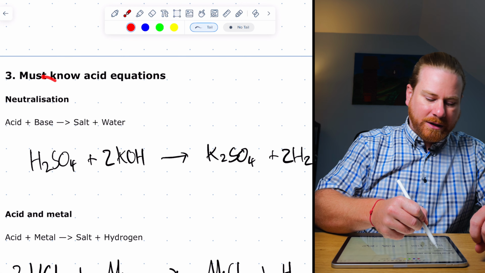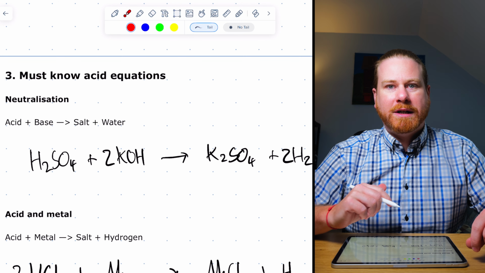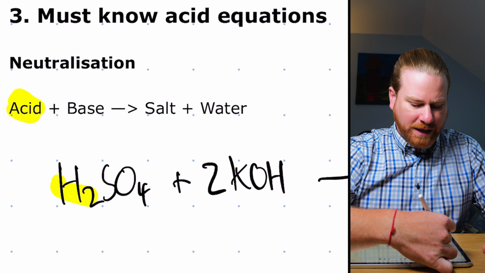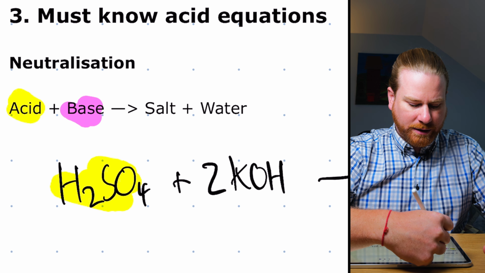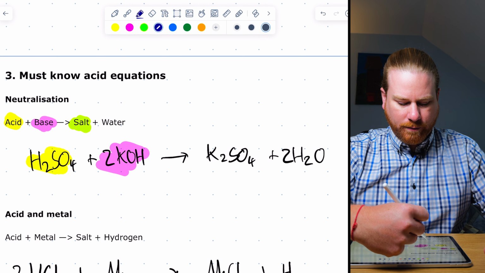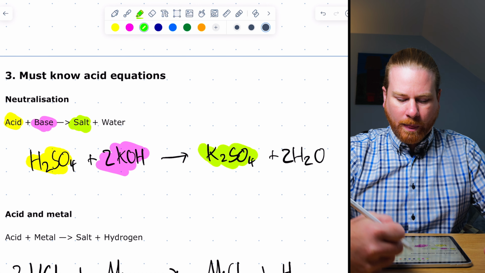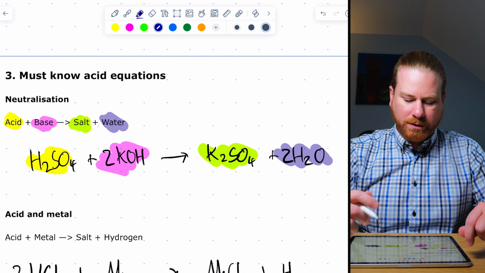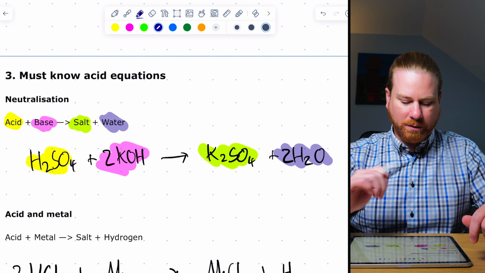So the first one, the absolute classic, the neutralization reaction. With this, we have an acid reacting with a base, which gives us a salt and water. So going back to salts, as I said, we'll talk more about them later. Well, now is the time.